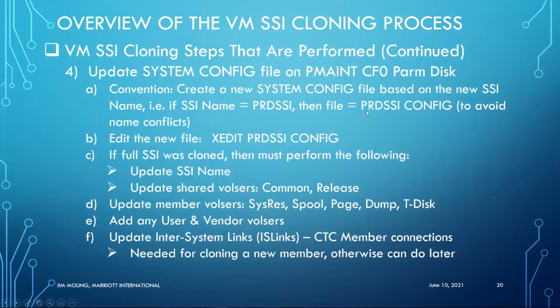So once you create the copy, then you edit it, and then you have to update various things depending on what kind of clone you did. Did you do a full cluster SSI clone, or did you just do a member clone? If you did the full clone, then you have to update the SSI name and the shared volume specified in the system config file. But if you're just adding another member, that information should already be there and should already be correct.